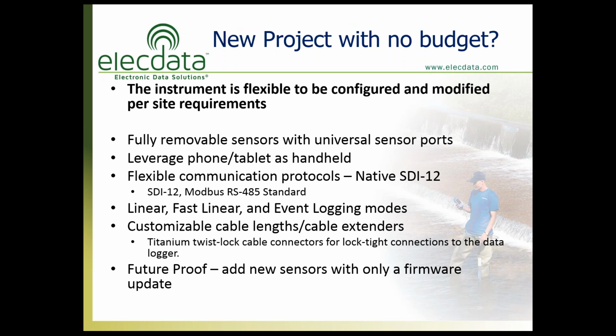Now the instrument is also flexible, that if somebody has limited needs and maybe a limited budget, you can buy it with just maybe 1 or 2 sensors to start out with, and then add different sensors as you get the money until you build up that complete configuration. So that makes it very flexible for people with limited budgets and or changing needs.